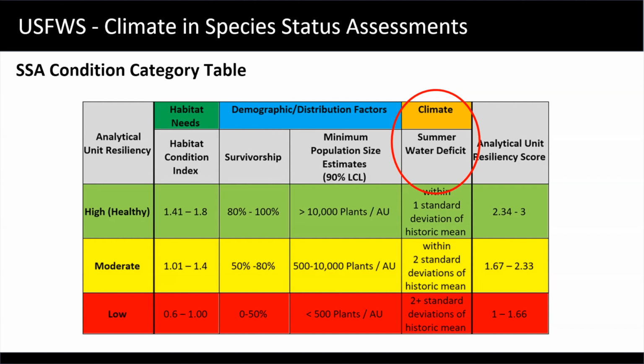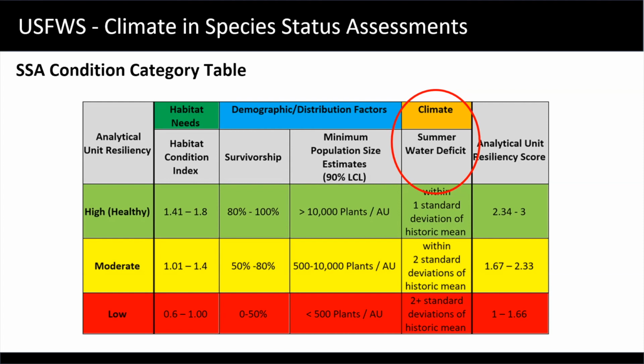So you can see here, we use summer water deficit as one of our metrics to assess the condition of Colorado hookless cactus. So we know water is an important resource for the species. The species is adapted to a semi-arid climate, but it's still a plant, needs water to survive and reproduce. No one has directly measured the soil moisture in the species habitat.